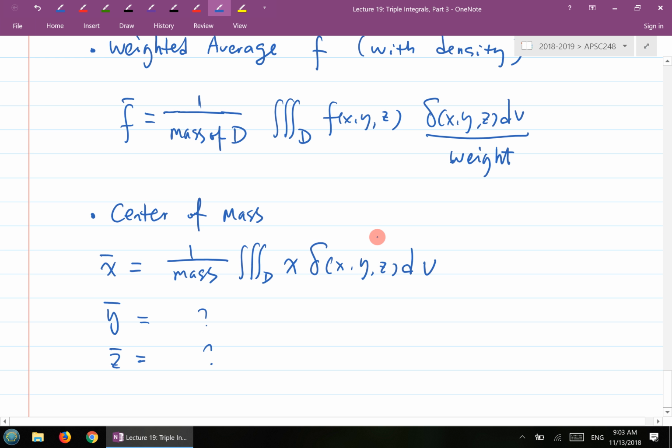There are only 3 choices. When you choose the coordinate system, there are some general guidelines you can follow. If you're dealing with, for example, a cylinder, you'll typically choose cylindrical coordinates. If you're dealing with an object consisting of a spherical surface, then you would probably choose spherical coordinates.